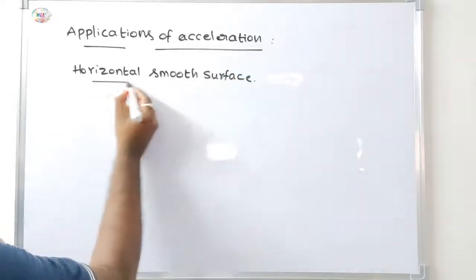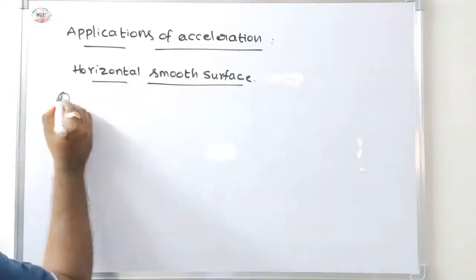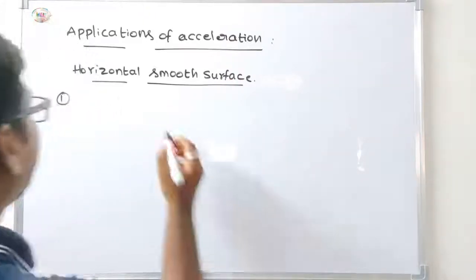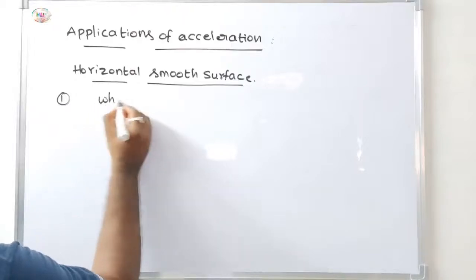In this horizontal smooth surface, the first case is when the pull is horizontal.